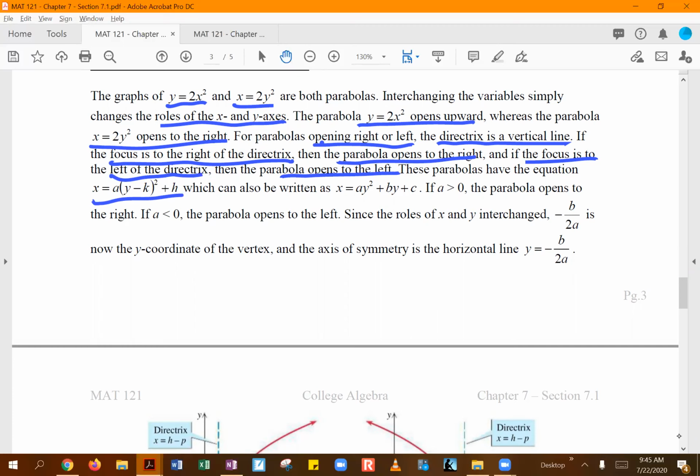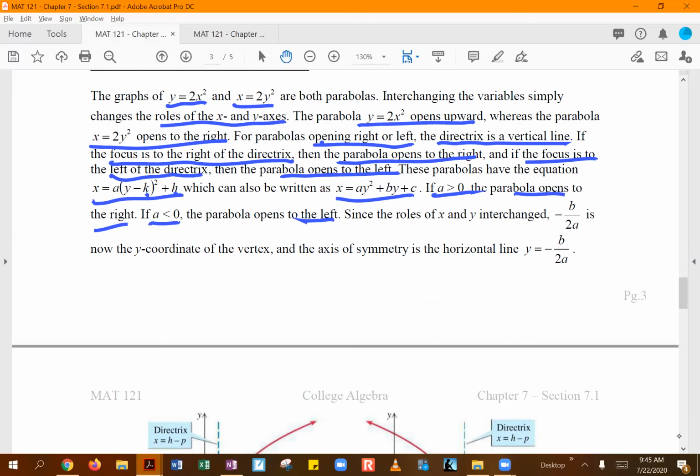So x and y are switching places, but you should see the h and k are also switching places in that equation. In the standard form, your equation would look like x equals ay squared plus by plus c. Same thing, if a is positive, your parabola would be opening to the right. If a is negative, the parabola opens to the left.